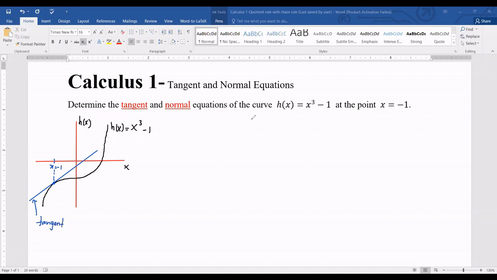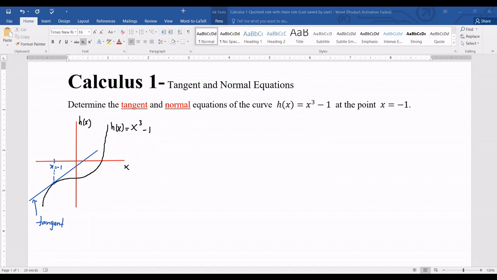In order to draw a normal line, you know that the normal line is perpendicular to the tangent line at the same point, which is x equal to minus 1.